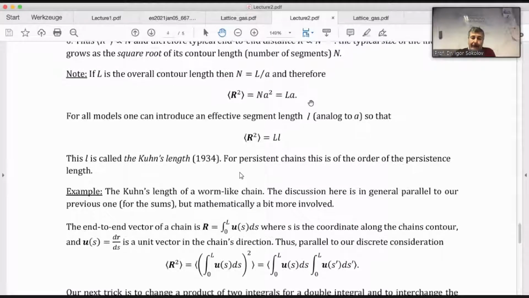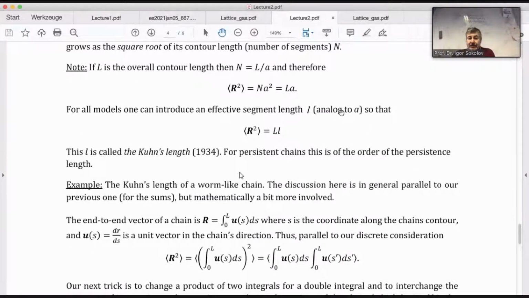And then I can introduce this A by definition, because this is what I know. If I know the chemical structure, if I know the flexibility, the characteristic length, this I can measure in scattering experiments. And then I can tell you what L is.